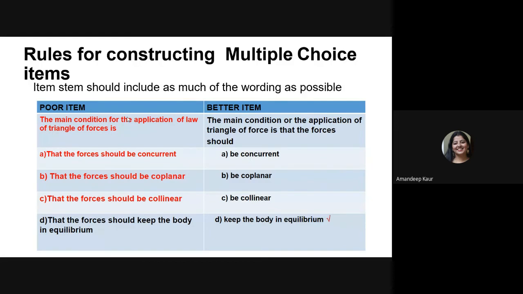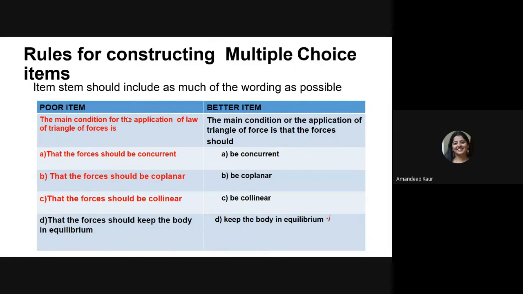Another rule is that the item stem should include as much of the wording as possible. The poor item given by the teacher is: the main condition for the application of the law of triangle of forces is that the forces, that the forces, that the forces. So we can simply shift these words into the stem itself.